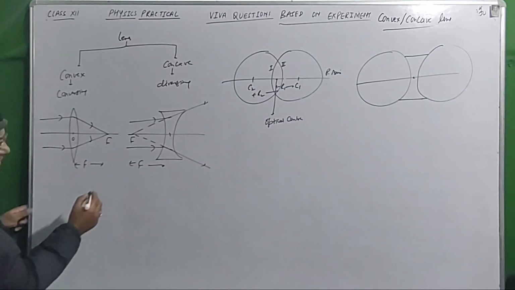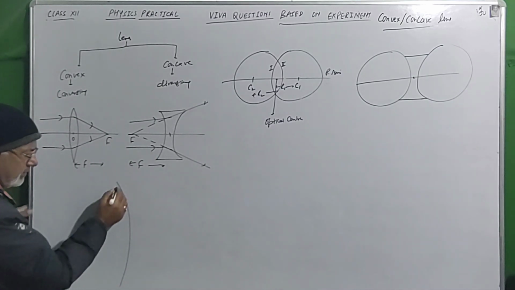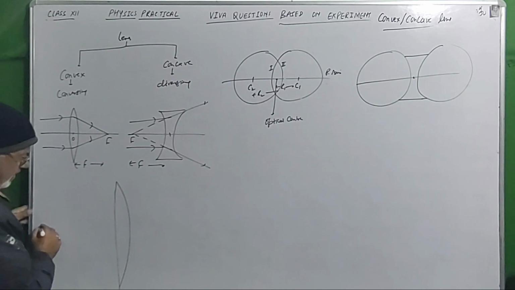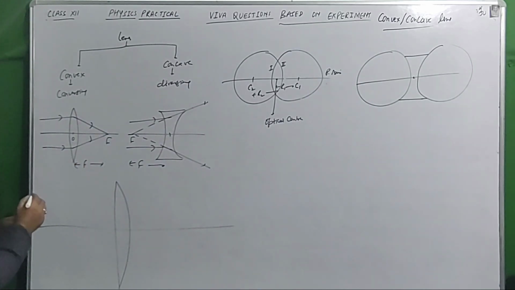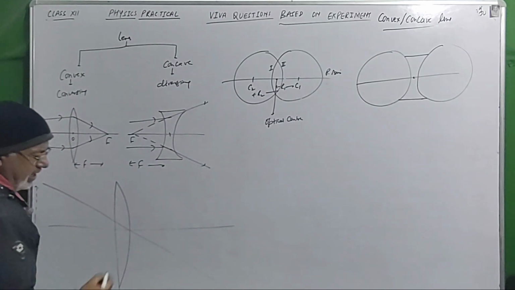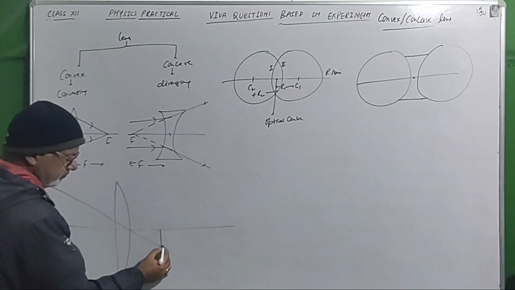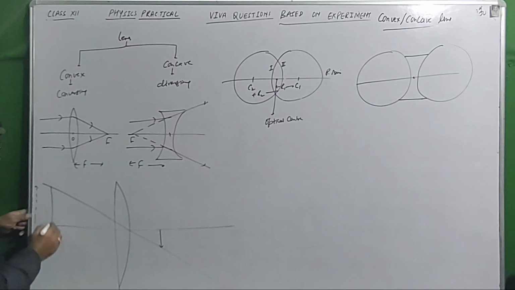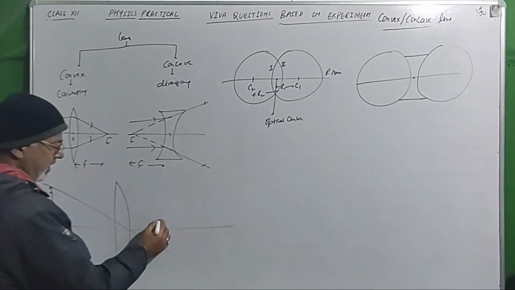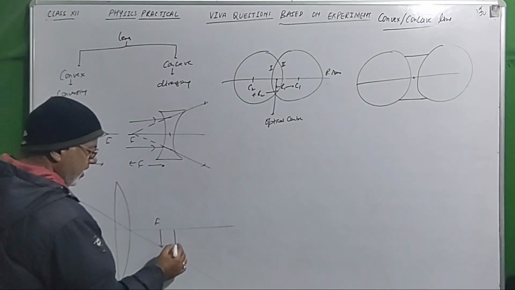In the convex lens, see it. I give a best diagram for you. If the object is at infinity, the image is formed at the focus. If the object is beyond 2f, the image is formed between f and 2f.